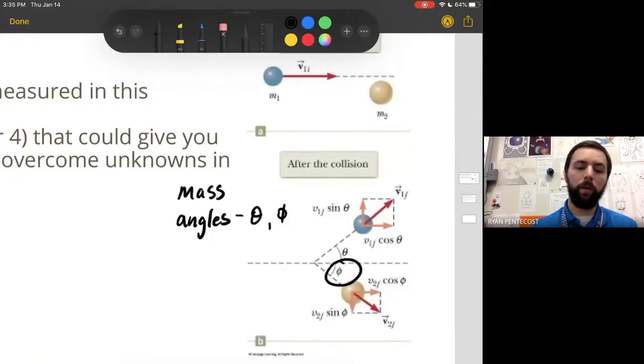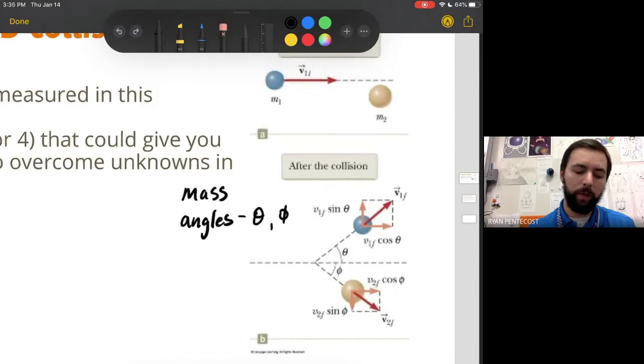Phi is just another Greek letter that we use to talk about an angle. Then another thing you can analyze is the initial velocities. So there's VI in the X and VI in the Y. And then there is the final velocity, VF in the X and VF in the Y.